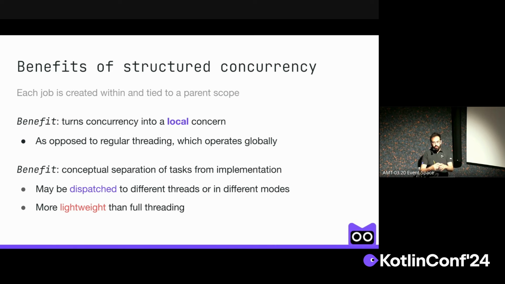This becomes now a local concern. So this extra piece of data, the parent-child relationship, actually allows us to have a much more simple model to understand and reason about what's happening with our concurrent code.